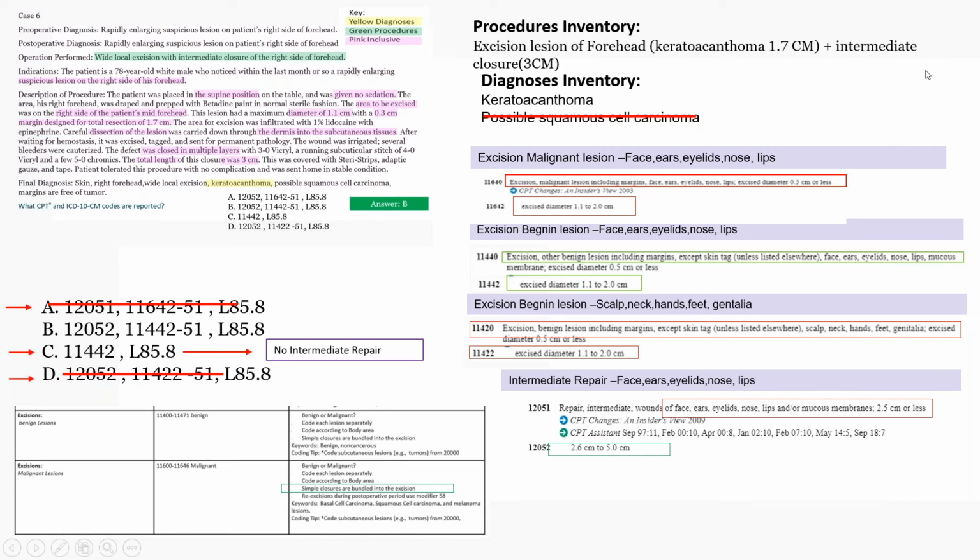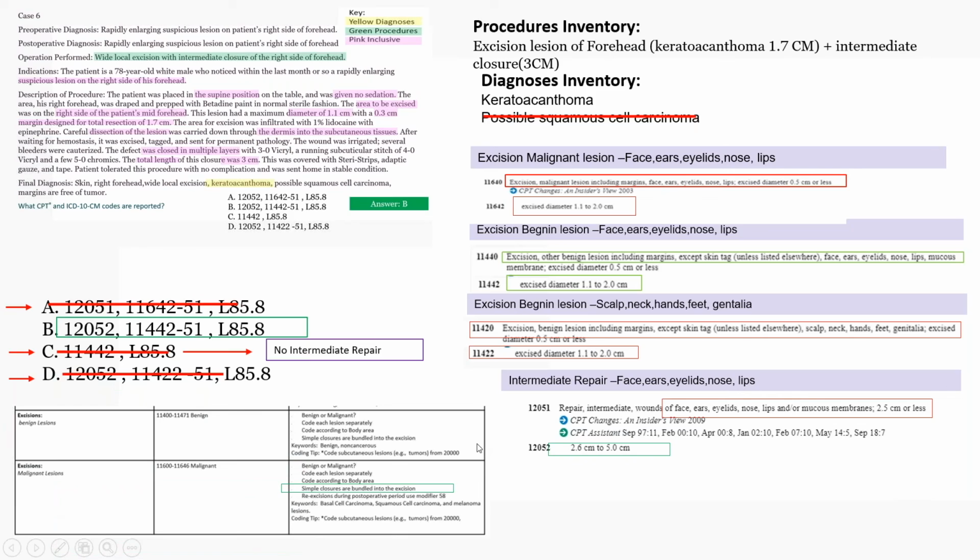If you look into the FTR, it states that simple closures are the only ones that are bundled to the excisions. We had an intermediate repair. So if you have any repair other than simple repair along with excision, we must code them separately. Since option C does not have the intermediate repair coded, that will go as a wrong answer as well.